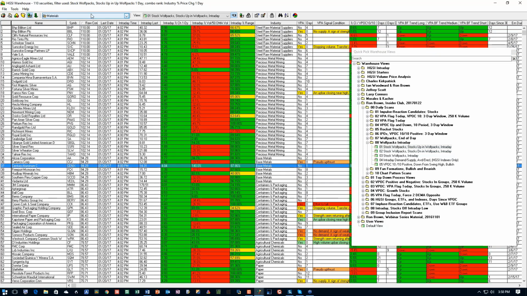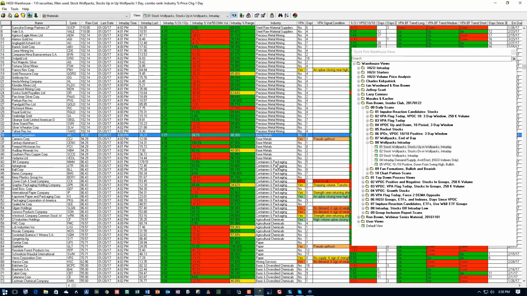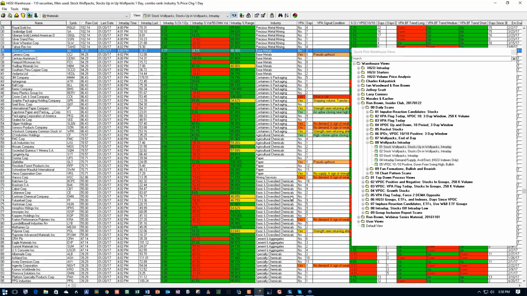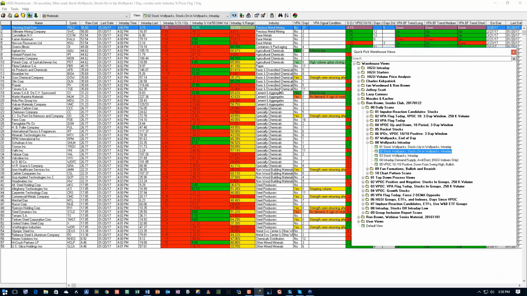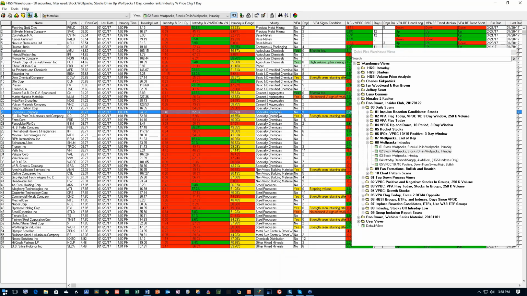In this materials group, 110 of the stocks are up for the day, and you can see that it was dominated by steel, raw materials, precious metal and mining, base metals, and so on down the list. Now you're going to have some of these stocks that are down also, but very few. You can see where the weakness was in the materials index.